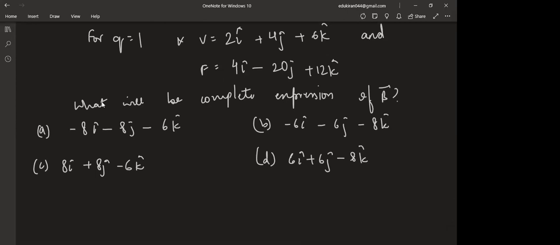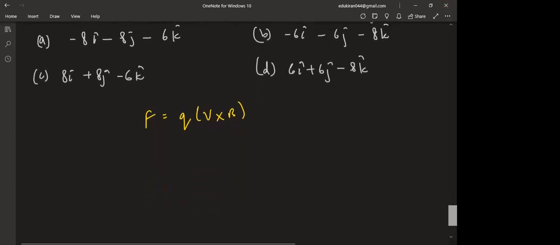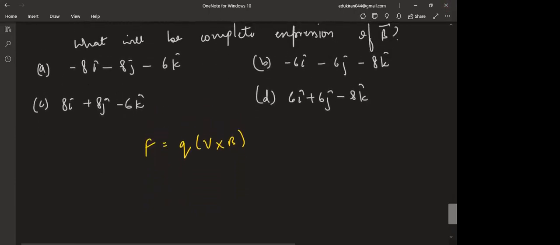Now, when we substitute into F is equal to Q V cross B, F is given to you. So just put in all the values that are given in the question. See, this is given as 4I cap minus 20J cap plus 12K cap.